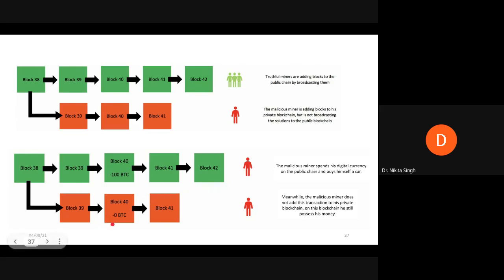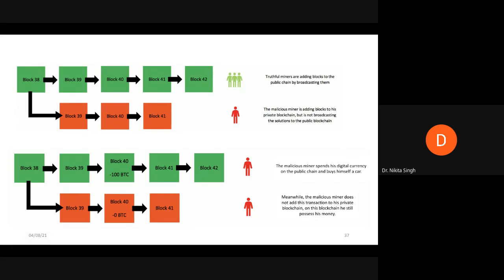But meanwhile, he does not include that transaction on his isolated version of the blockchain. On his isolated version of the blockchain, he still has the digital currency. And at the same time, he still keeps on picking up transactions, forming them into a block, and keeps creating an isolated version of the blockchain.